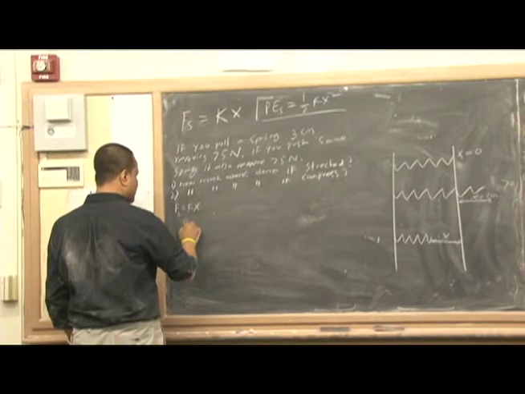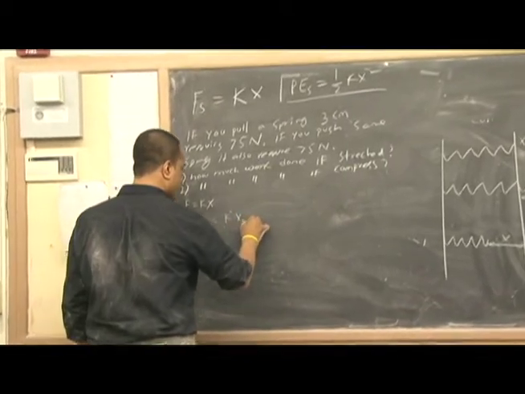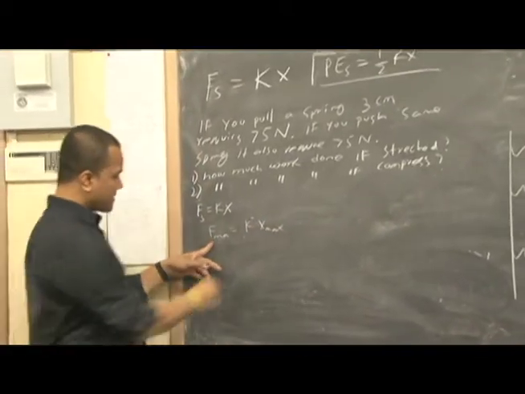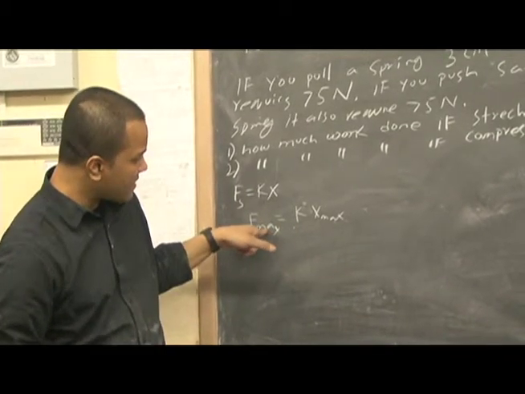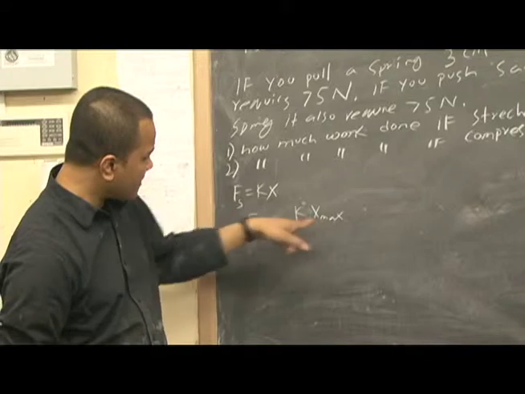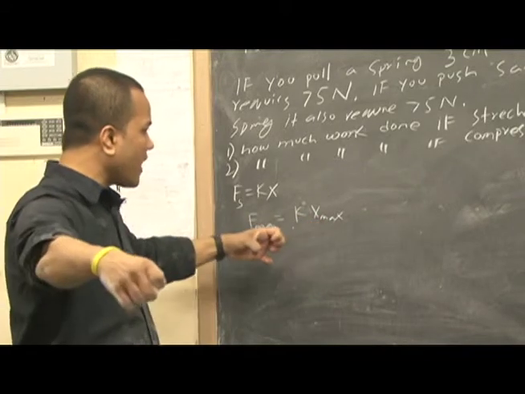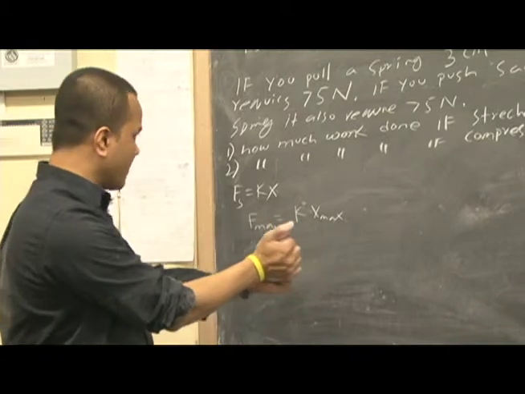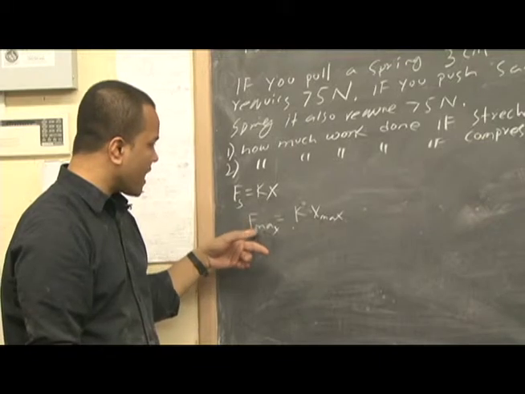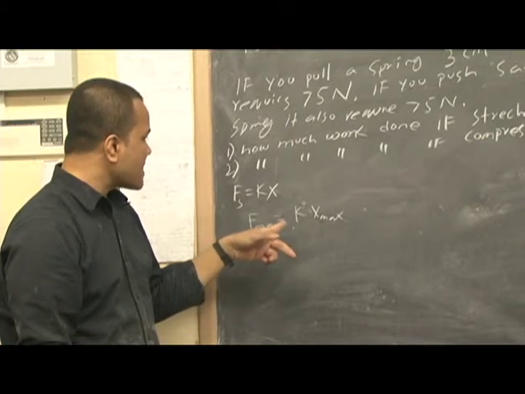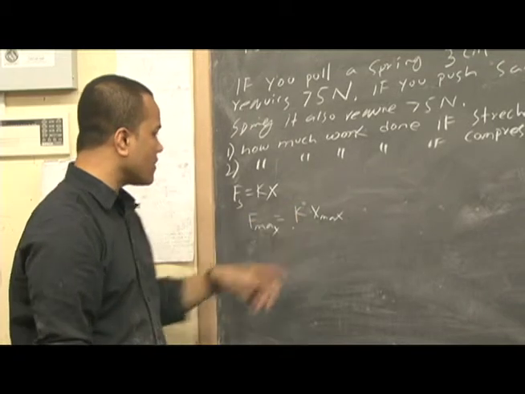So F max is actually k x max. All right. So the force max happens when the spring is stretched all the way or compressed all the way. So that's where the x max happens.